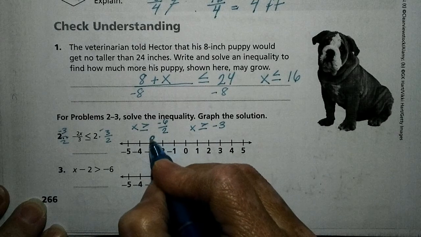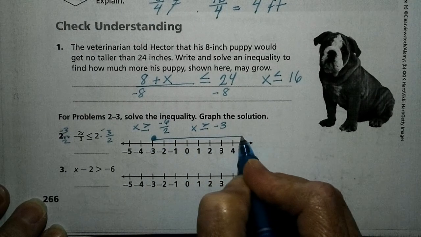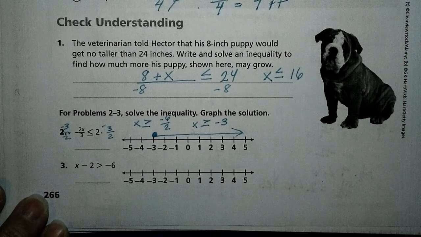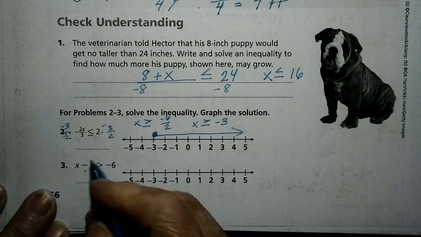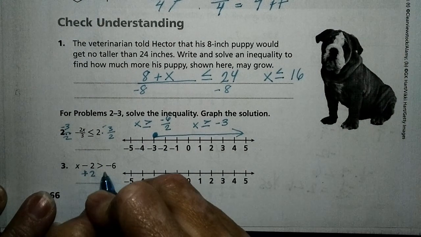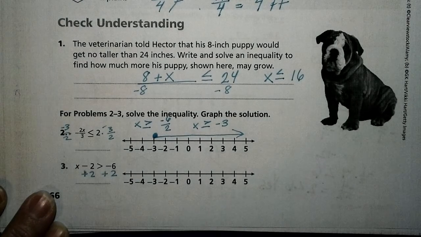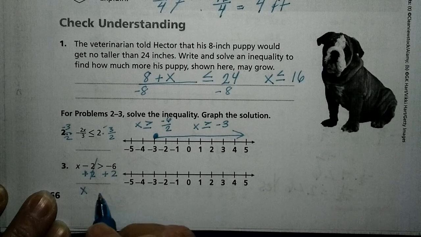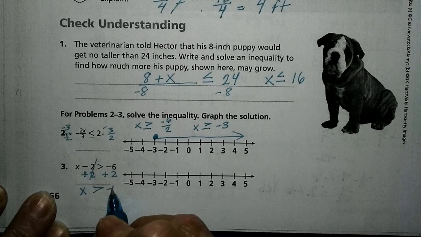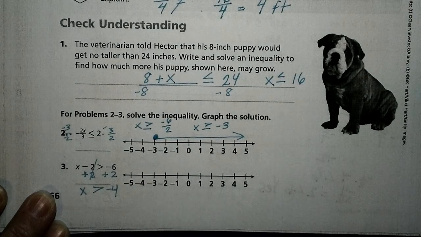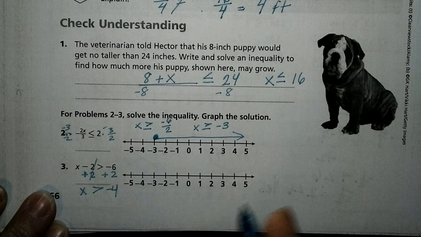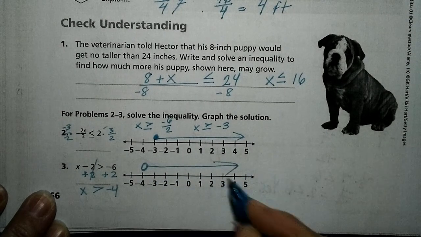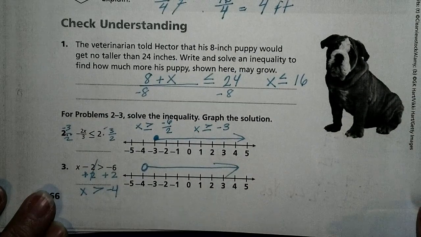So closed circle, it's greater than, so it's going to go in that direction. All right, and then the last one starts out as subtraction, so we're going to use the addition property of equality. So that gives me x is greater than negative 4. Okay, so there's no line, so open circle, and it's greater. So it goes in that direction.